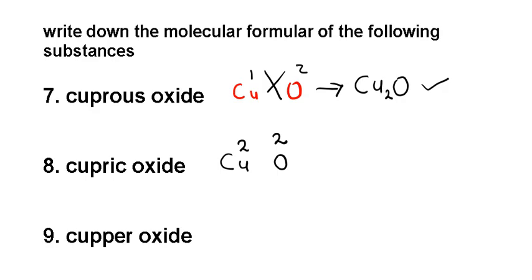When we do that, we now have Cu2O2. So we cancel 2 by 2, and we have CuO. So CuO is cupric oxide. Copper oxide is the same thing as cupric oxide, which is CuO.